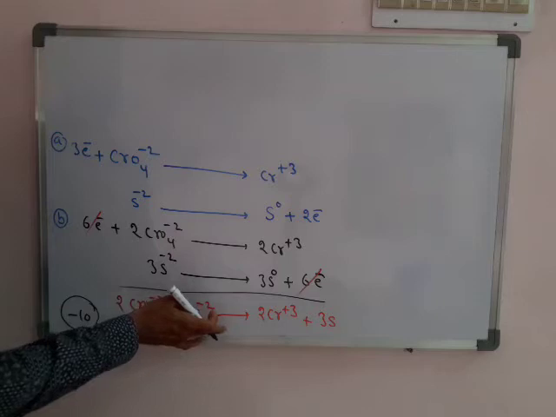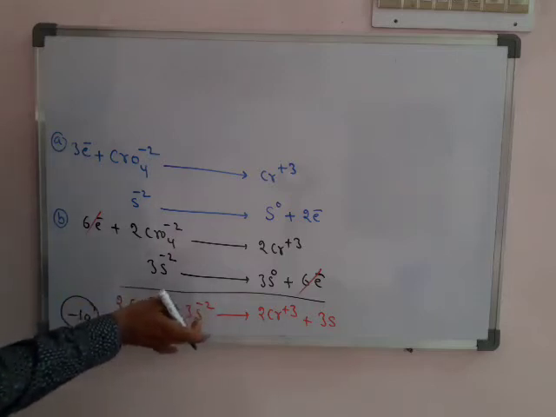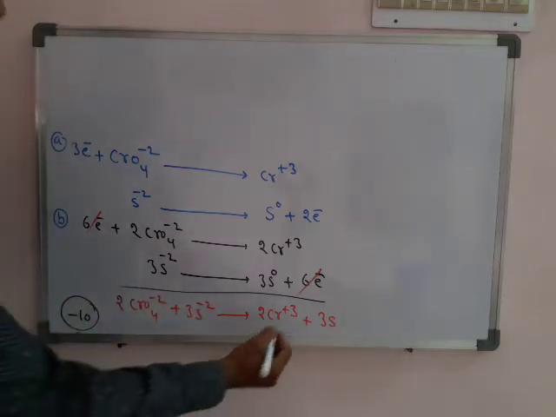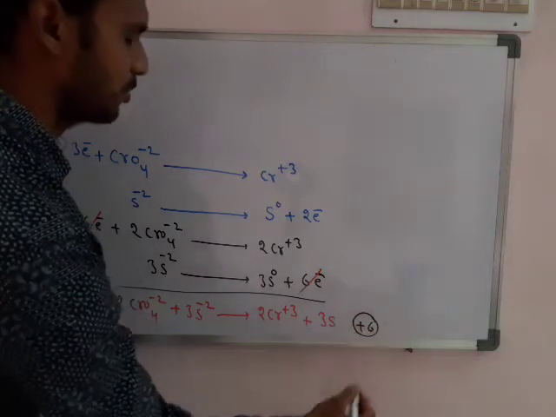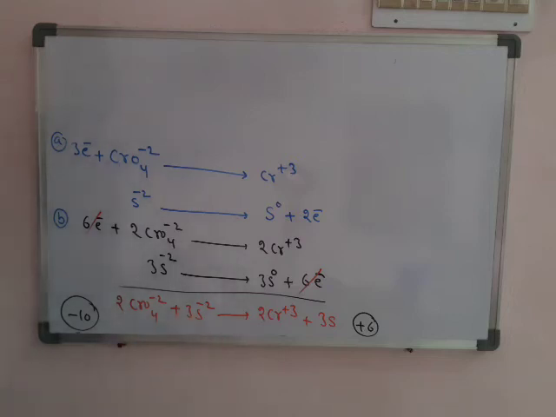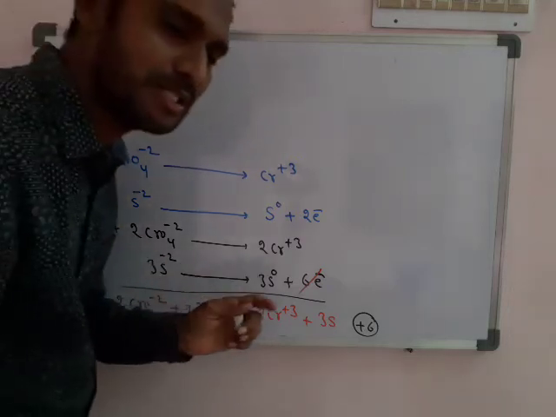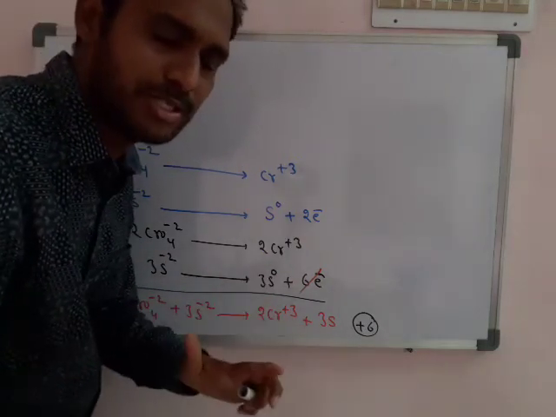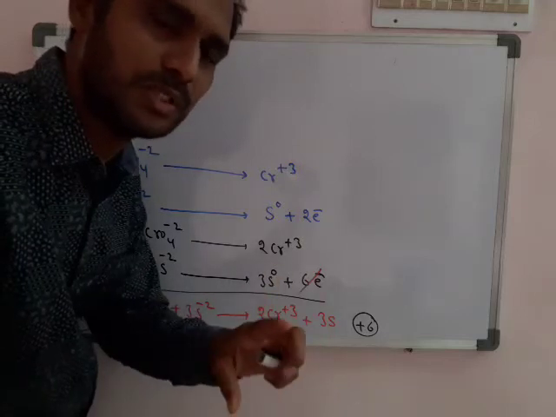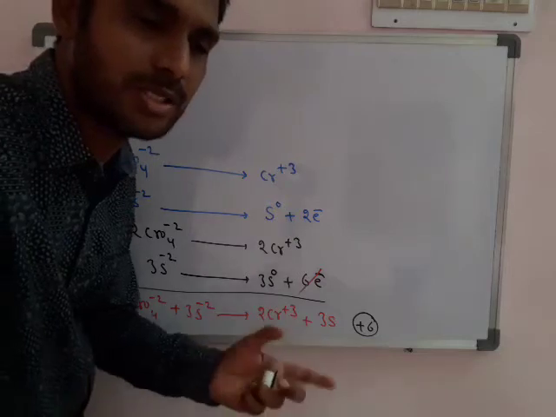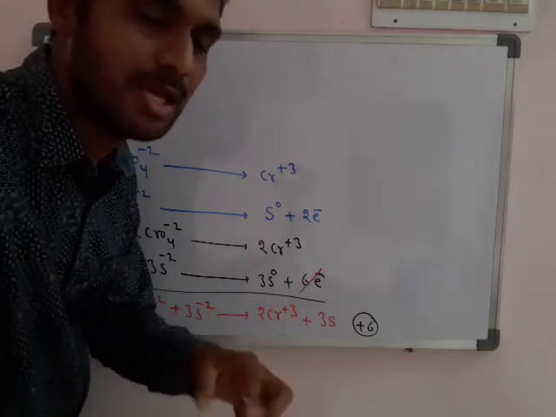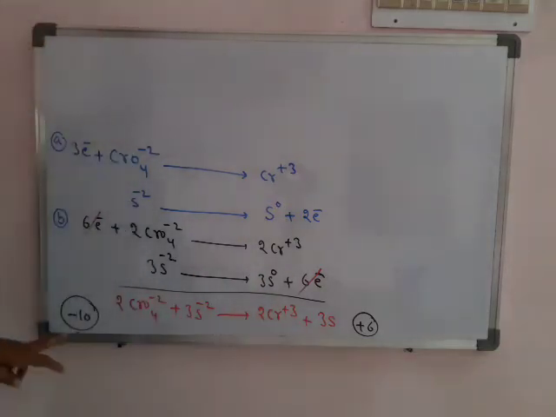Right, -2 3 is 6, -6 -4. Here +3 2 units. So what is the charge? Right side has +6 charge. Here -10, +6. It is acid medium, because in the question H2SO4 is mentioned, the given clue, that is an acidic medium. In acidic medium, how to balance the charge: add the required number of H plus ions where the charge is less. So here -10 is the least.